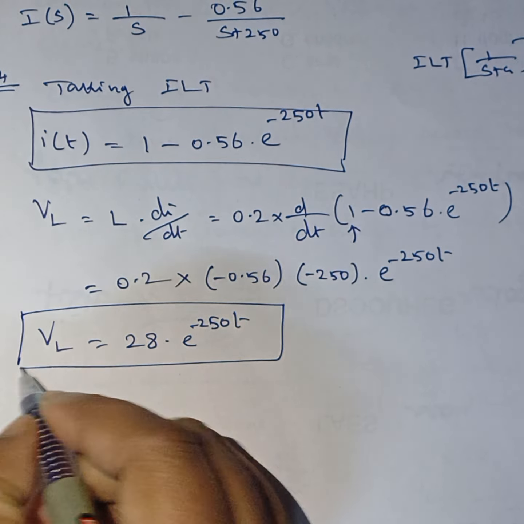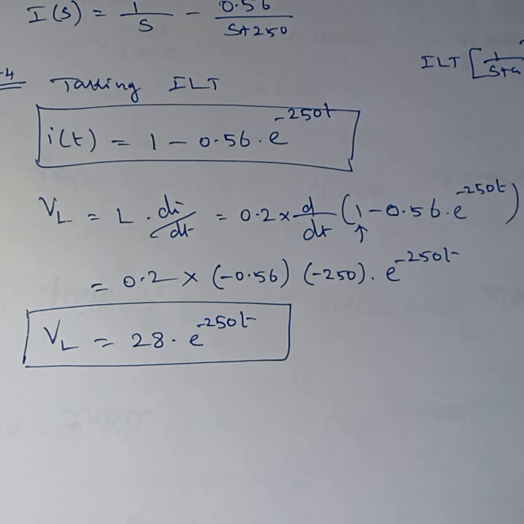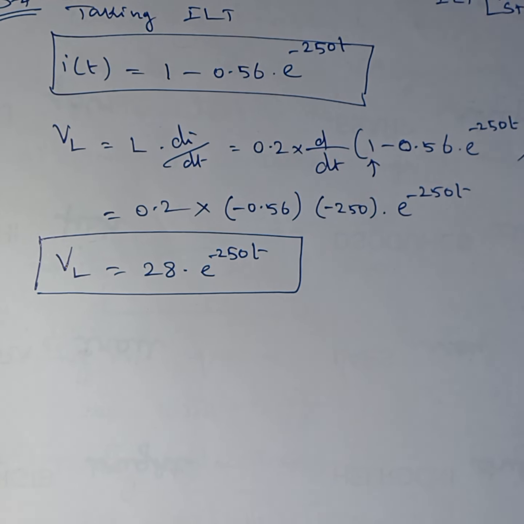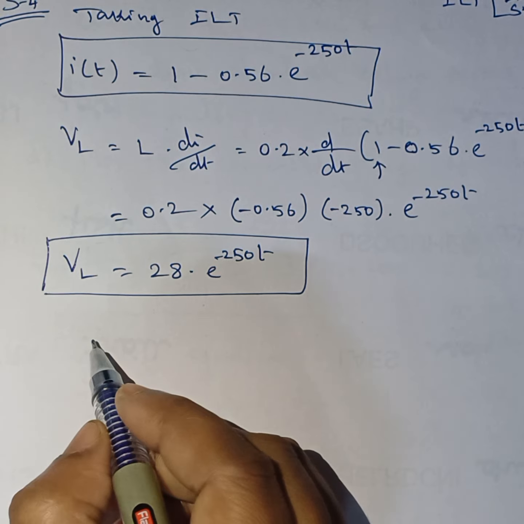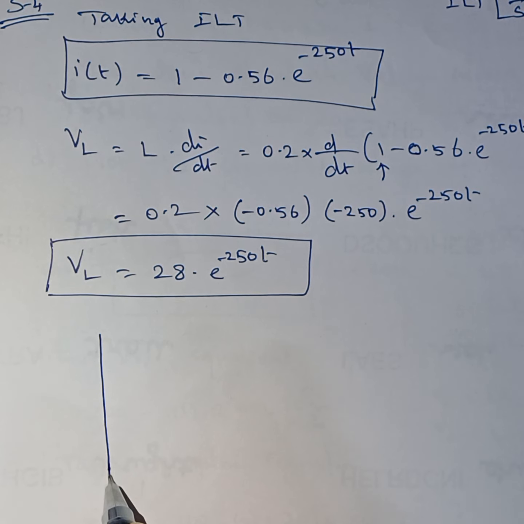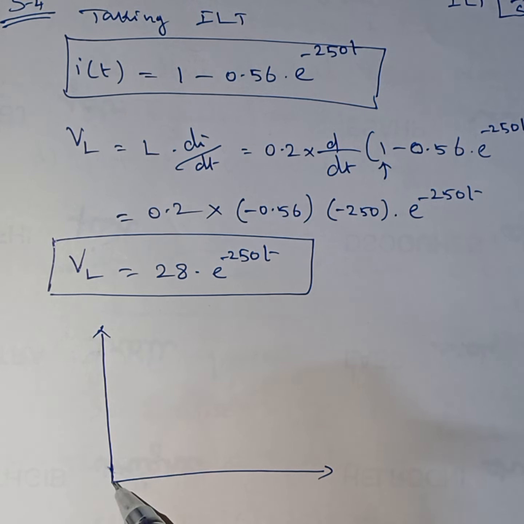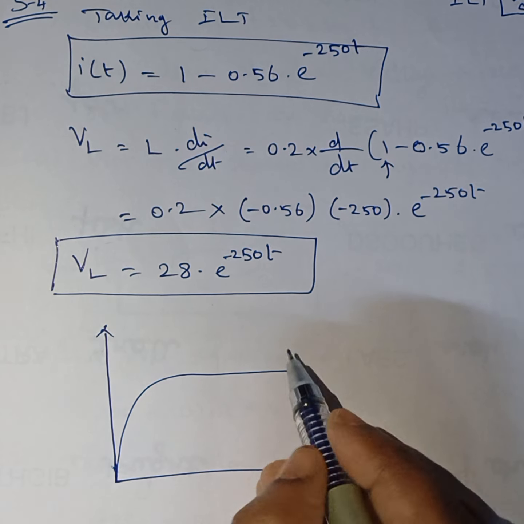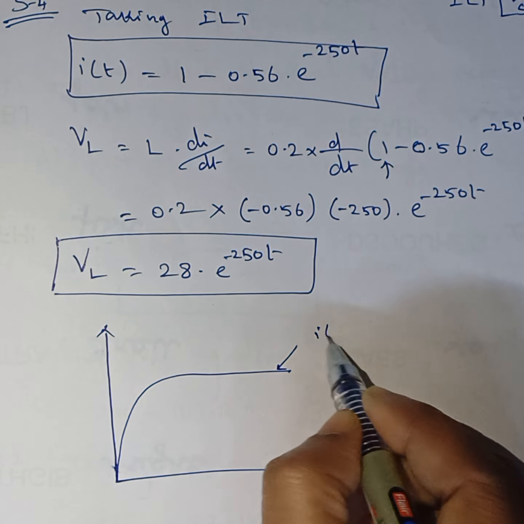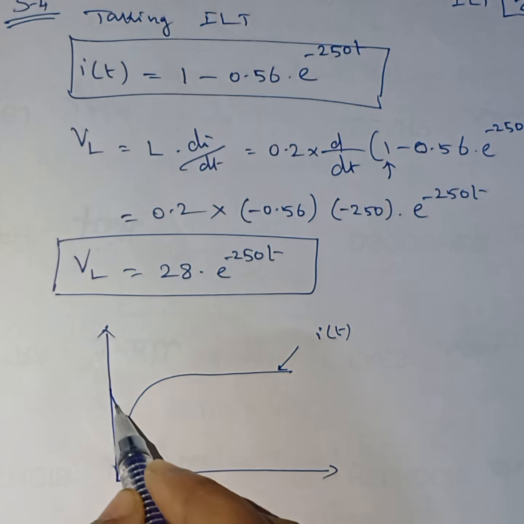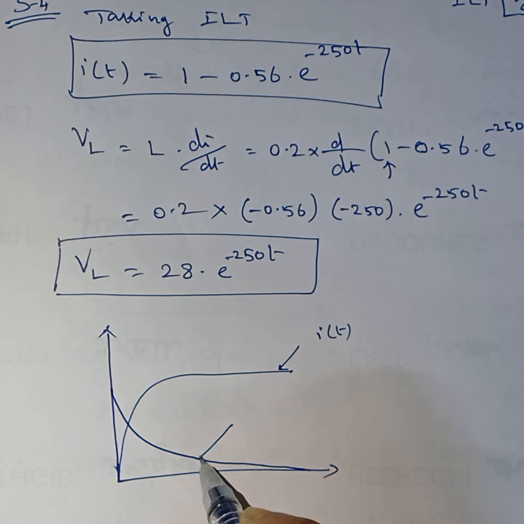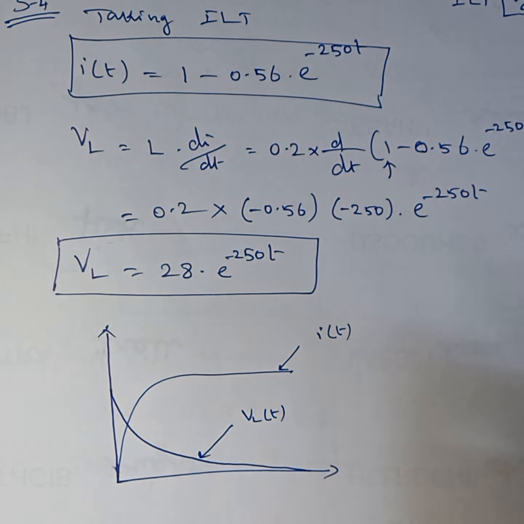Okay, so in both the cases, whether it is relaxed or has an initial current, we'll get the voltage and current waveforms in this format. This is I of t and this is V of t.